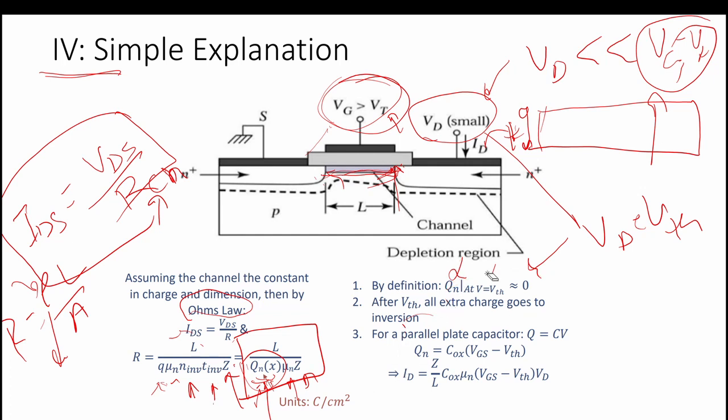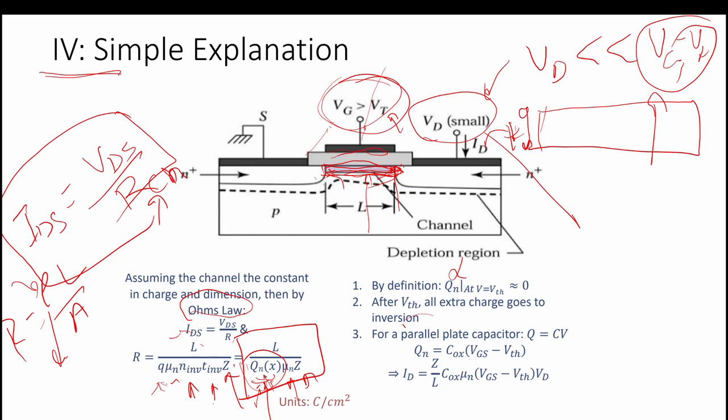And this is nothing but a parallel plate capacitor. There is a sheet of charges at this junction, which is always in the metal. This is the metal, this is the semiconductor, but there is a sheet charge, so this is kind of a parallel plate capacitor.